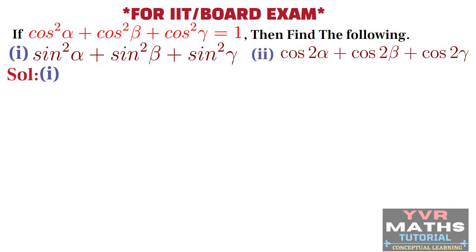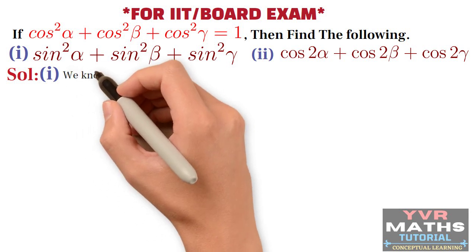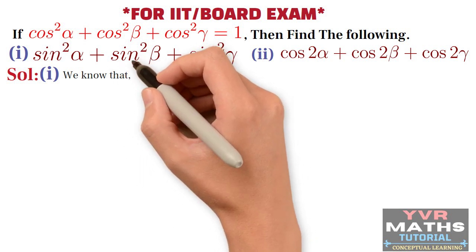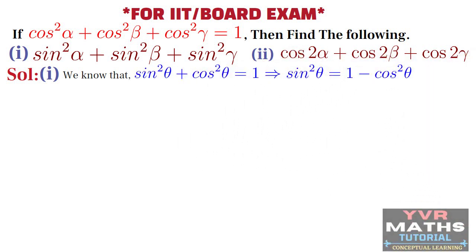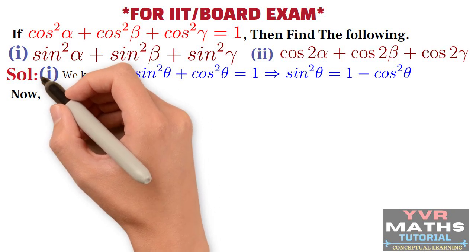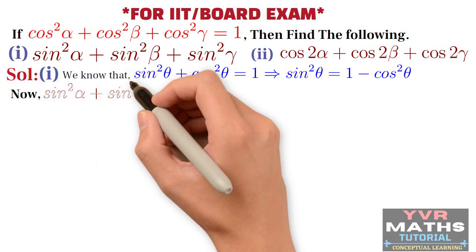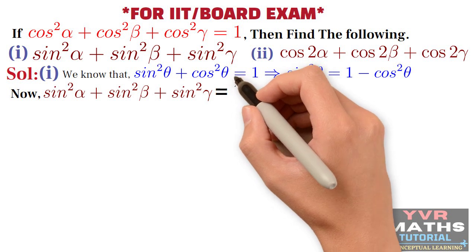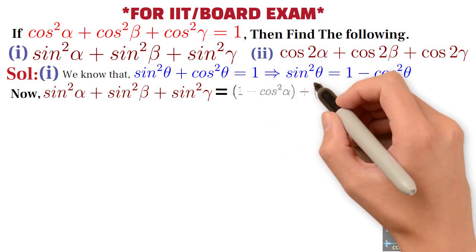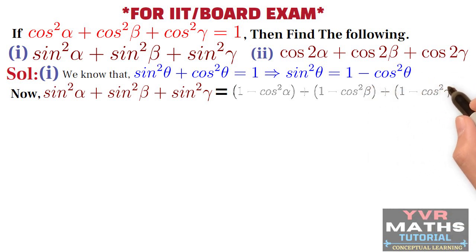First one, as per trigonometry knowledge, we know the trigonometric identity sin²θ + cos²θ = 1. Then sin²θ is 1 − cos²θ. Now sin²α + sin²β + sin²γ is equal to 1 − cos²α + 1 − cos²β + 1 − cos²γ. Here 1 plus 1 plus 1 is 3.